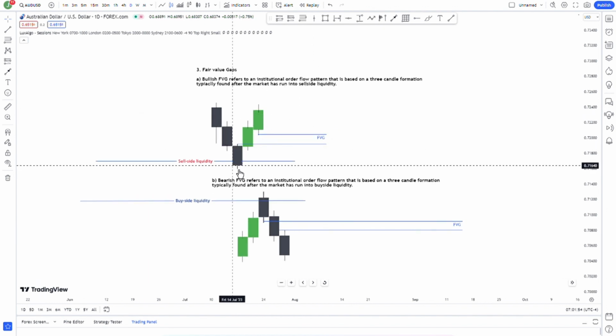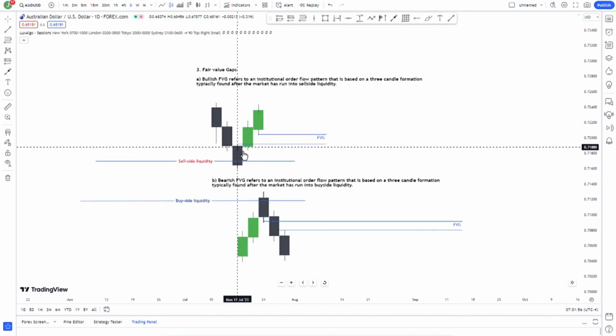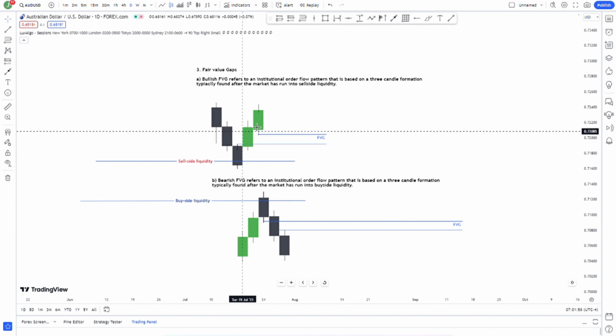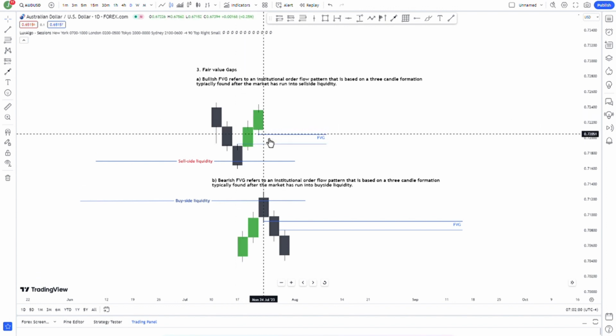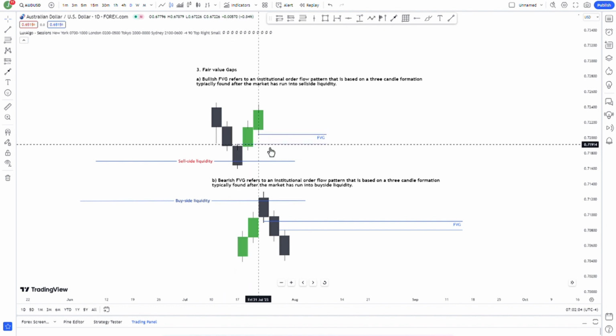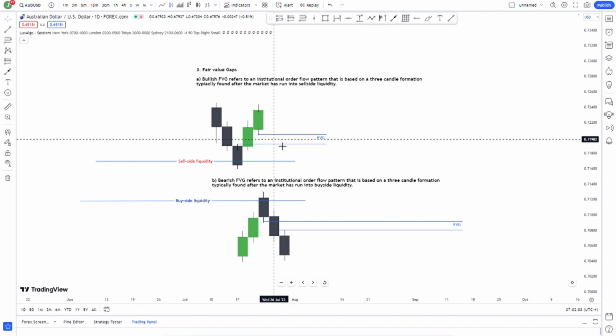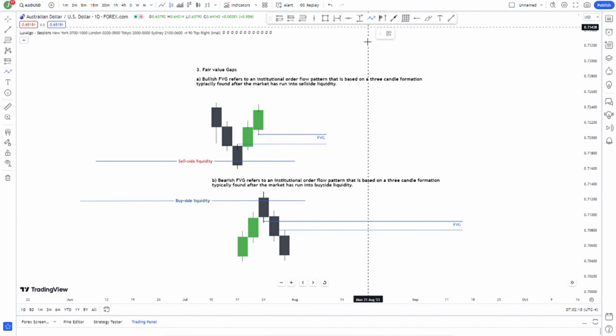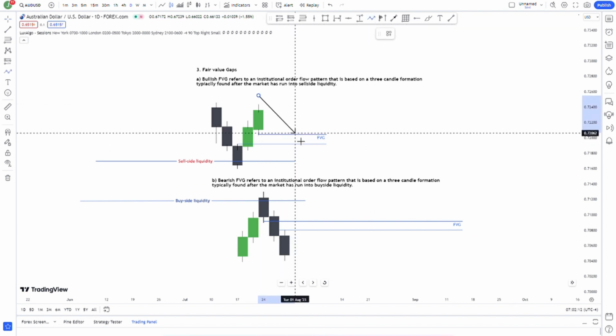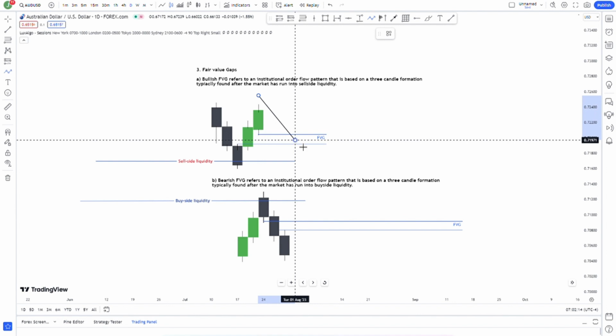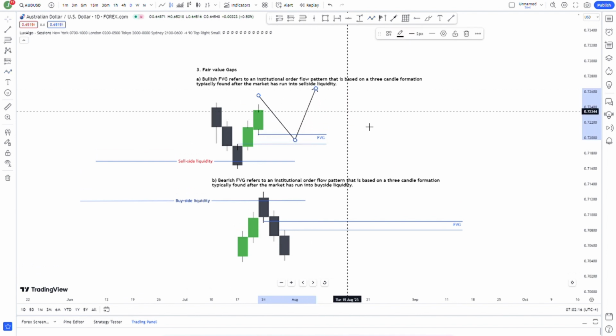Now between the high of the first candlestick's wick and the low of the third candlestick's wick, there might be a gap. If you do find the gap, this would be referred to as a fair value gap. This is where we would anticipate the market to come into that particular level and then buy from it.